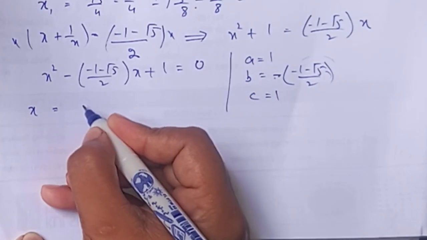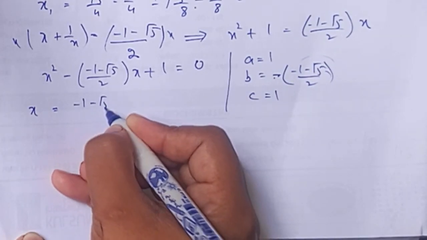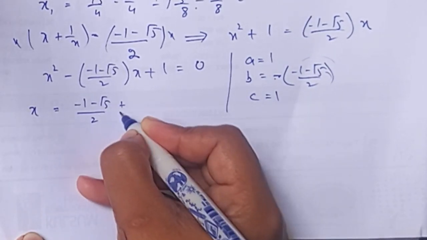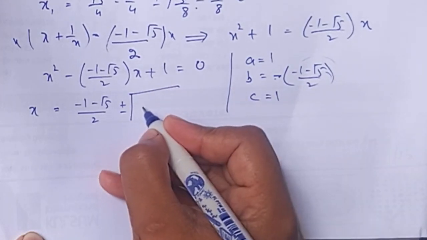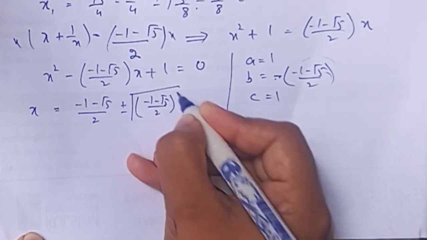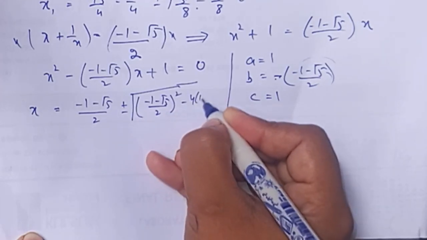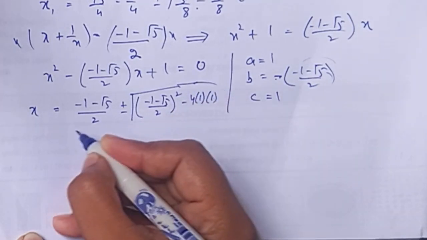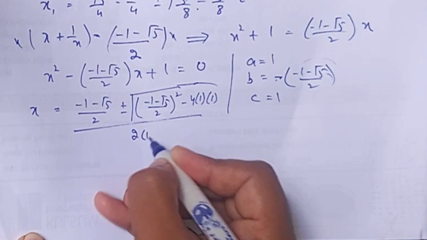So we write down minus 1 minus square root 5 over 2, this is b, plus minus b square, meaning minus 1 minus square root 5 over 2 whole square, minus 4, a is 1 and c is also 1, over 2, a is 1.